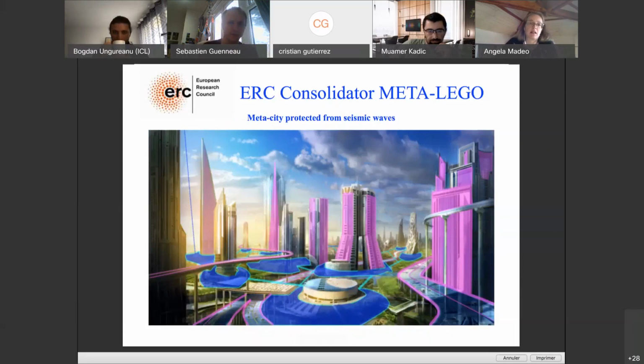And another example, we can have many, is a city which is entirely protected from seismic waves. Among the organizers, we have specialists about the conception of shields, seismic shields for buildings.